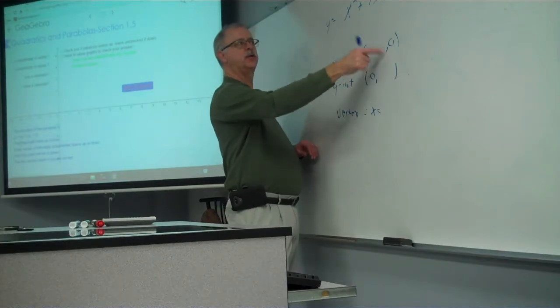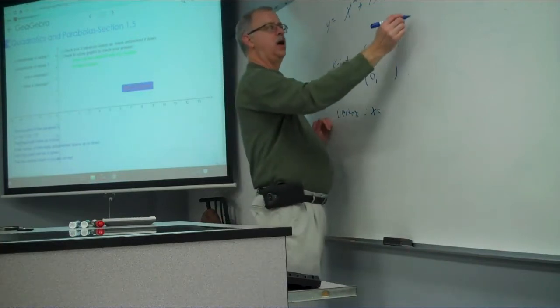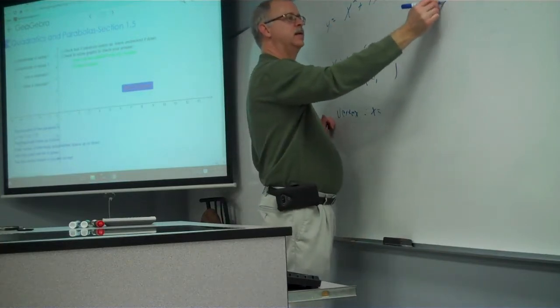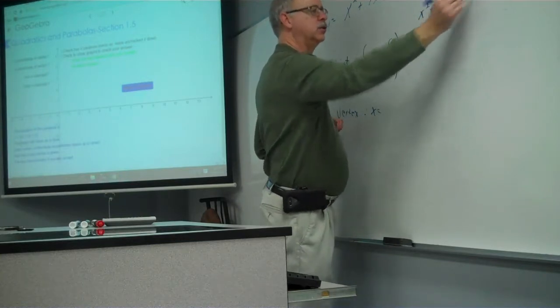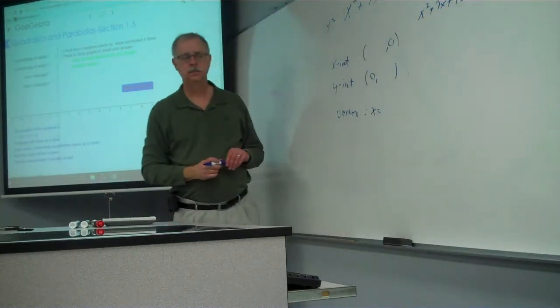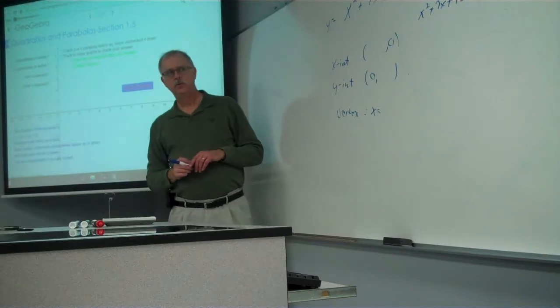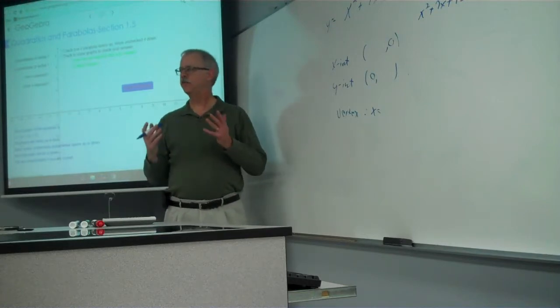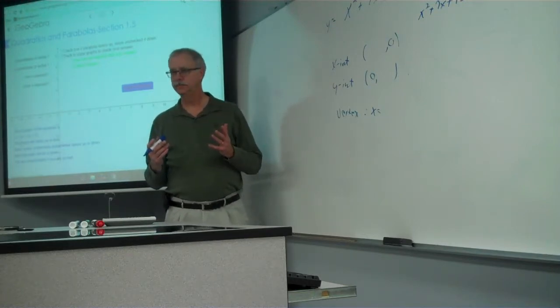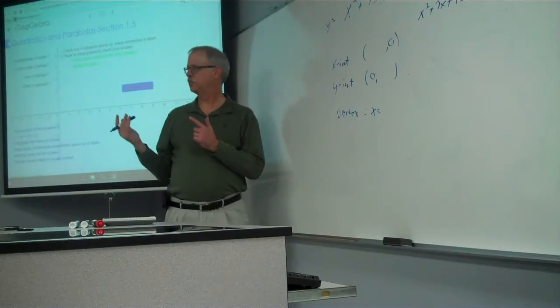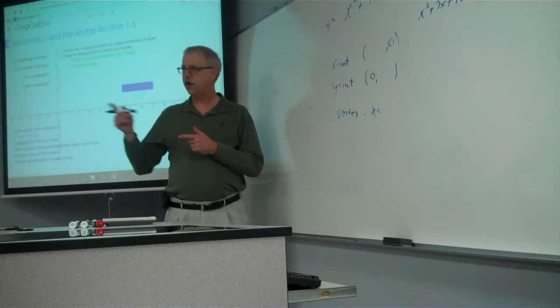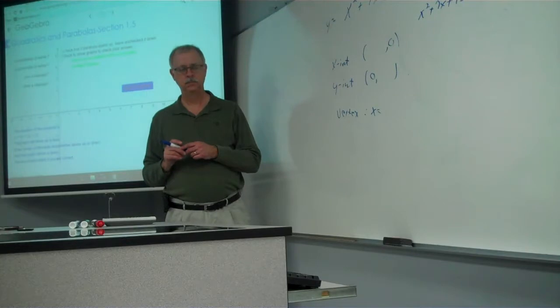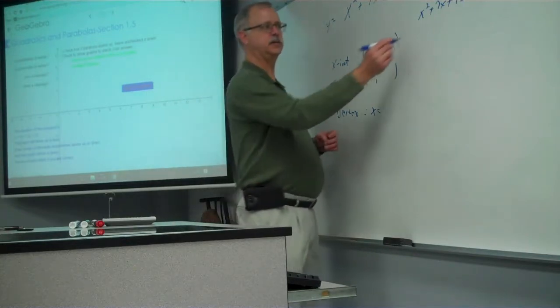So for the x-intercept, we need to know where y is 0. So we've got to solve where this quadratic equals 0. Two different ways we could try to solve that. Anybody remember one of them? We could factor. Does this factor?